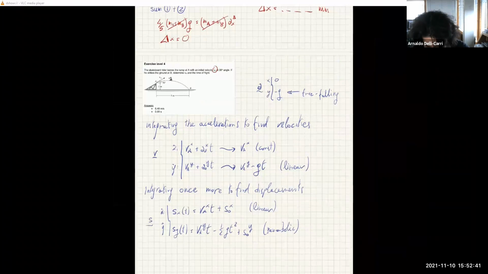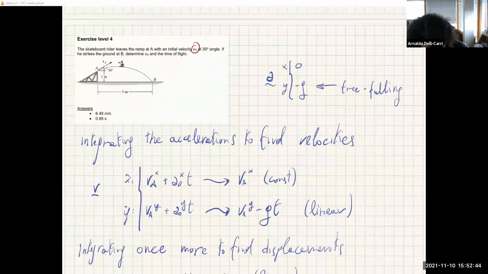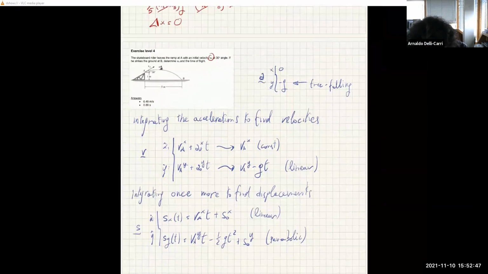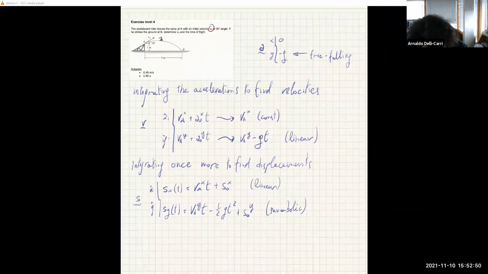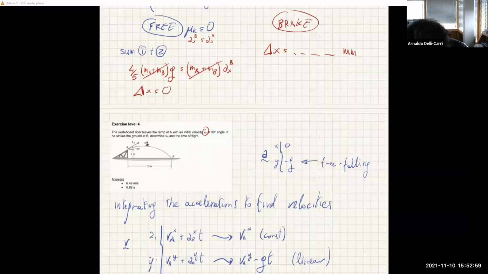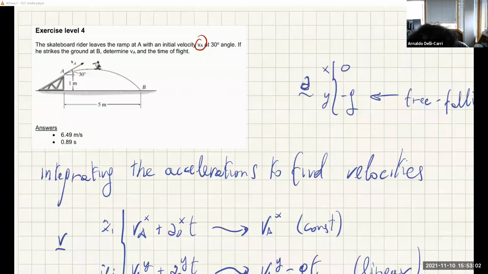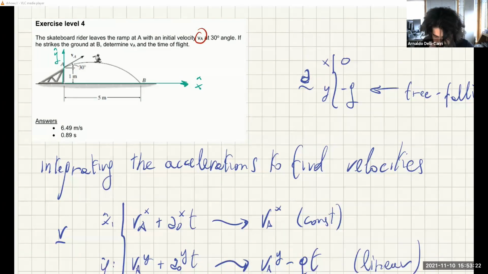We can see very easily that the initial sx of 0 is 0. So let's say that my reference system is this one. So s0 along x is 0, but s0 along y is 1, because it starts 1 meter above.